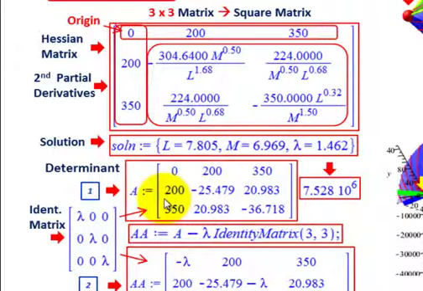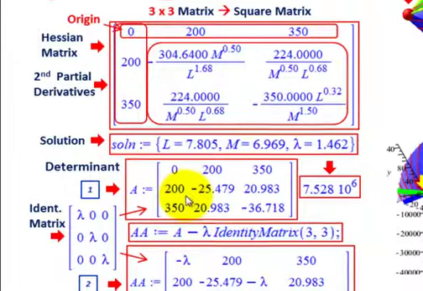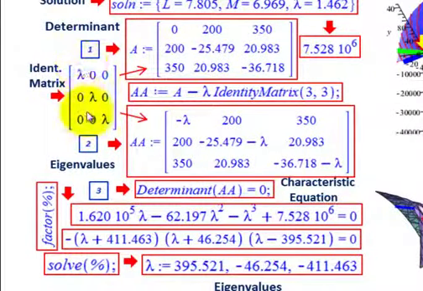Then what we would do with our determinant matrix is subtract the identity matrix from it, the diagonal matrix with a lambda. We're putting in this artificial variable, which is really our eigenvalues, and we subtract that from our matrix along the diagonal, and we come up with the matrix shown here.